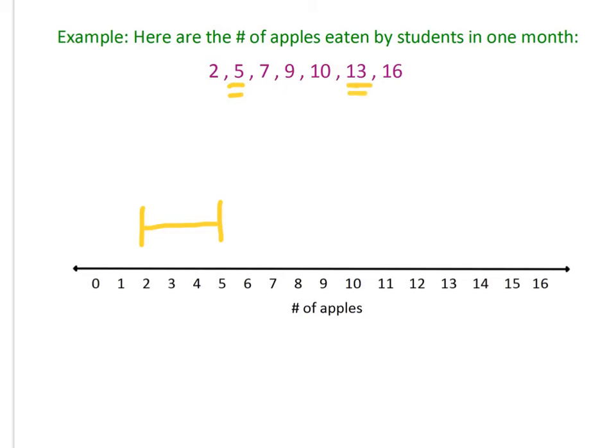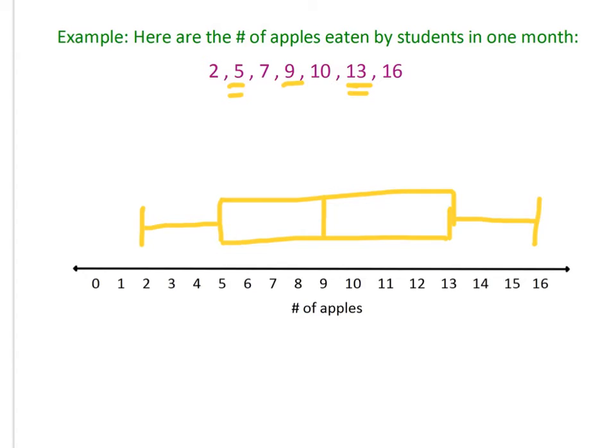My upper quartile is 13, so I'm going to make that the upper end of my box. My maximum is 16, and then my median is 9.